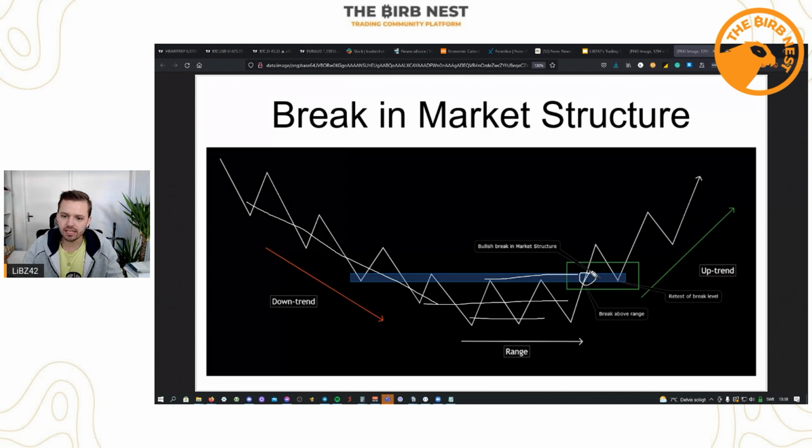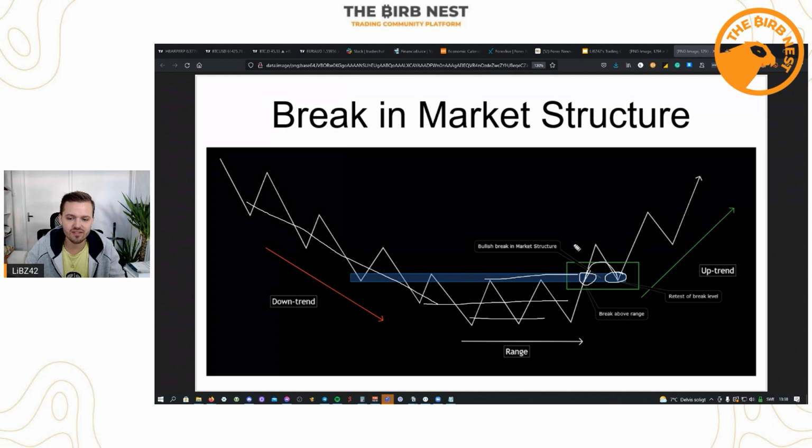And when you have the break and the retest of that level, you now have confirmed that it's an SR flip. Support has been flipped into resistance, and that is confirmation of a bullish break in the market structure. And that is key to identifying the beginning of a new trend.